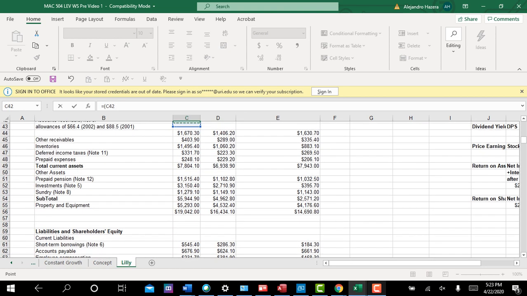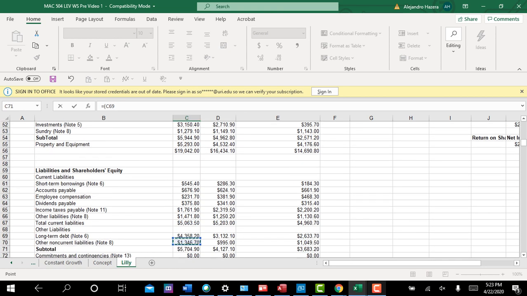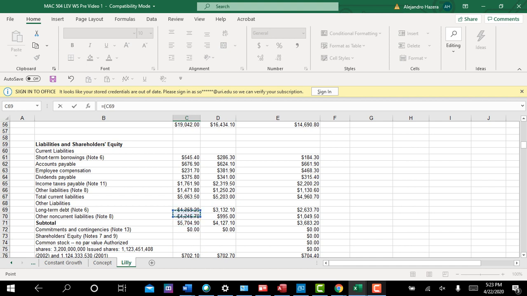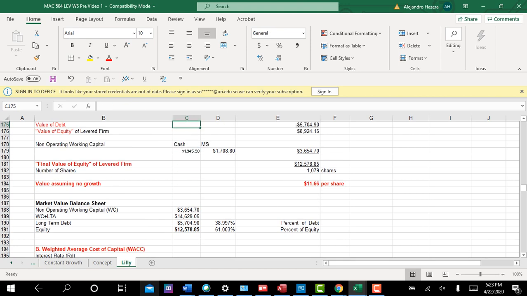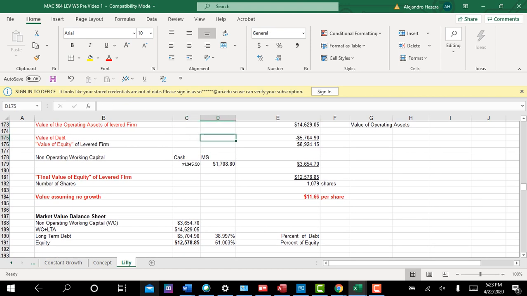One is long-term debt, and I'm also going to include other non-current liabilities. Non-current liabilities of any type generally have an interest rate attached to them. So my long-term debt is that amount right there, total long-term liabilities. I could have just taken this number here, but it's nice to reiterate.